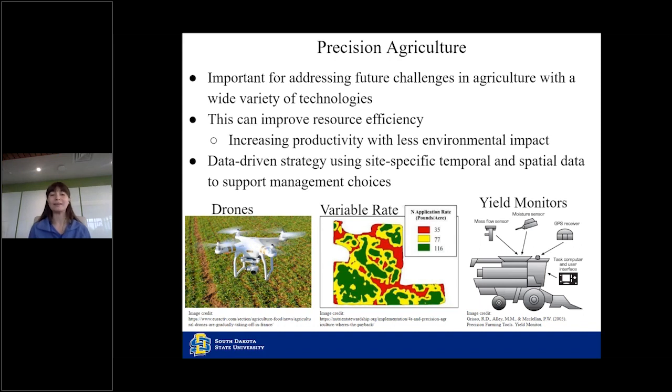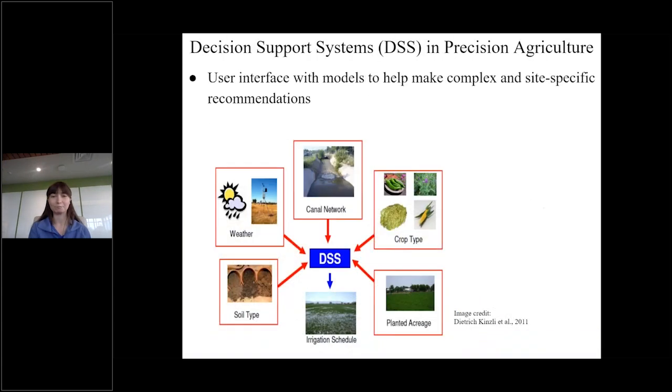They do this with data-driven strategies such as site-specific temporal and spatial data and support management choices for our farmers. Some of the precision agriculture tools that I have listed here include drones, variable rate technologies, and yield monitors, but I'm sure that you can think of a wide variety of other technologies that encompass precision agriculture.